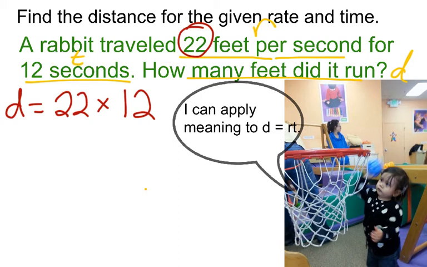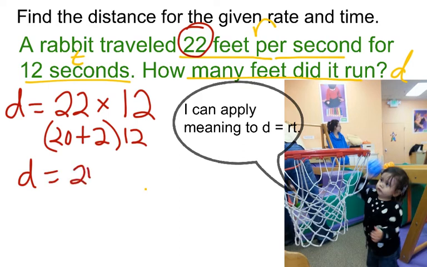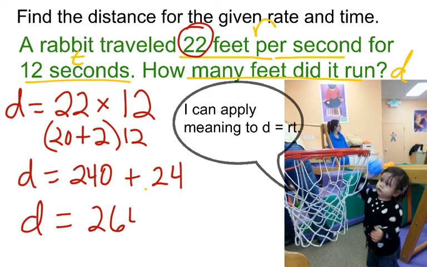I can redistribute the 12, or I can redistribute the 22, which is what I would rather do, and make it 20 plus 2 times 12 to find my distance. So my distance is 12 times 20, which is 240, plus 12 doubled, which is 24. So the rabbit traveled a distance of 264 feet.